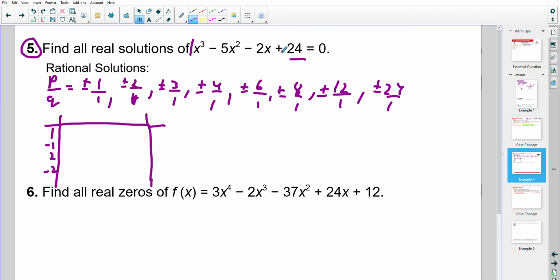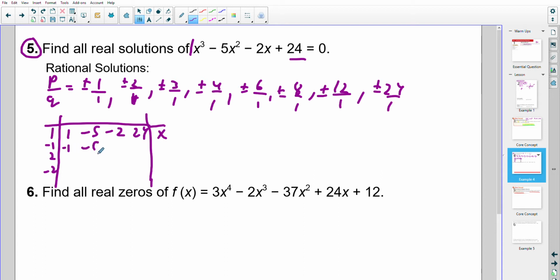So if I plug one in, and this is easier, in my opinion, than the synthetic division. But if I put 1 in, I'm just going to get 1, -5, -2, and 24. And when I add those up, it is not going to give me 0. I don't care what it does give me. I just care if it's 0 or not.